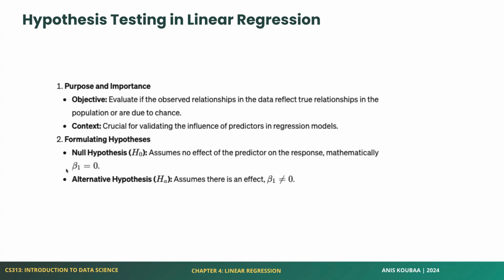Mathematically, this means that beta 1 is equal to 0. The alternative hypothesis, which we usually denote as HA, assumes that there is an effect and that beta 1 is different from 0. So how can we validate whether the null hypothesis or the alternative hypothesis is true?